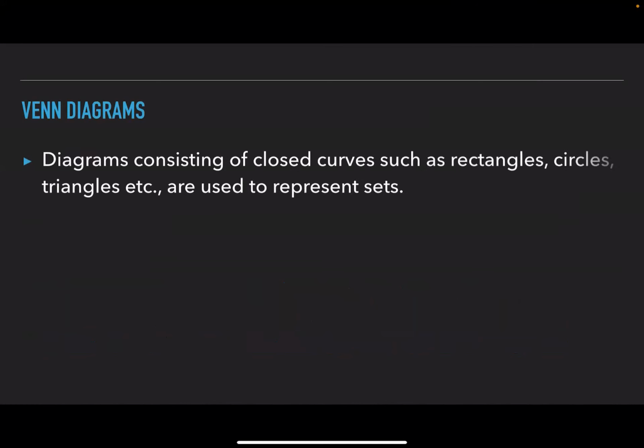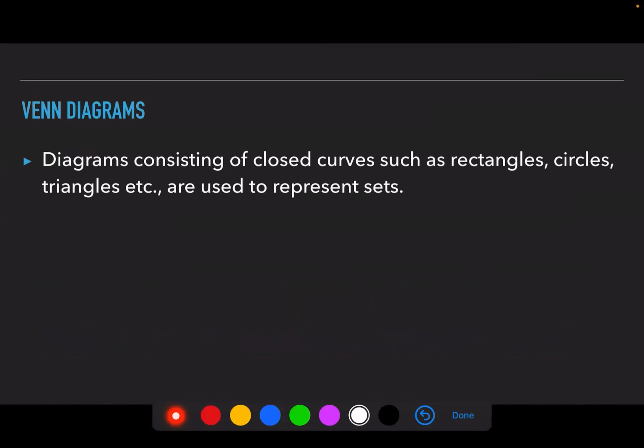So what are these Venn diagrams? They are just diagrams on a plane. You draw them on a piece of paper or on a screen. The idea is they are going to help us understand sets, so you should treat them as a tool.